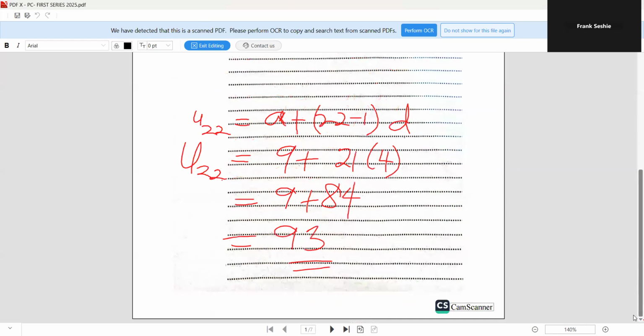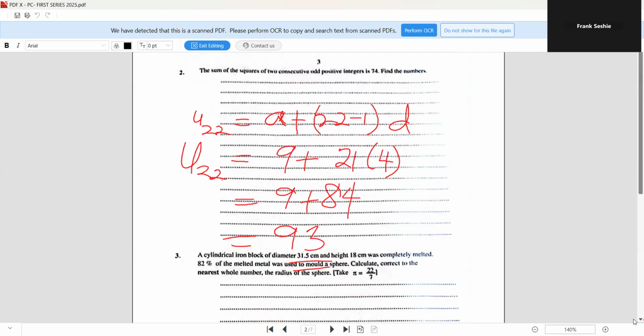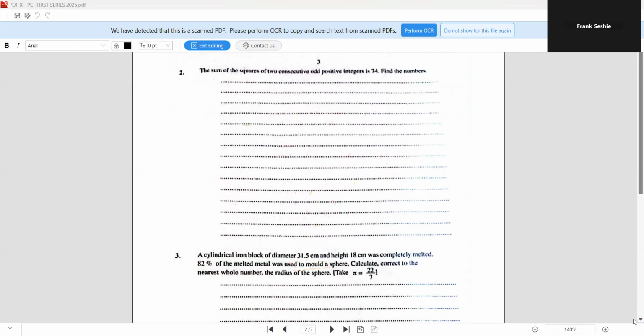Let's move on to question number 2. The sum of the squares of two consecutive odd positive integers is 74. Find the numbers. So you know, once we are looking at consecutive odd numbers, the difference has to do with 2.